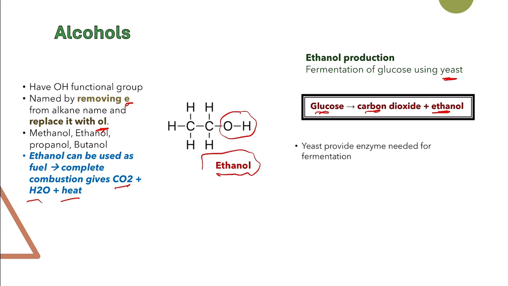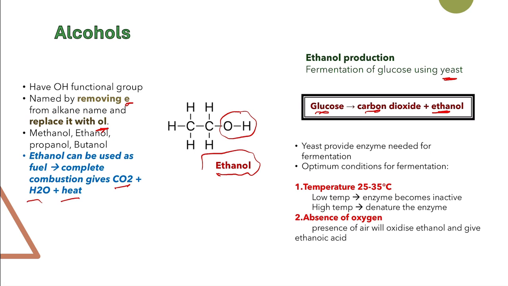The yeast here is important because it provides the enzyme needed for the process of fermentation. So there are optimum conditions for the fermentation because it's an enzymatic reaction. First of all, the temperature. The optimal temperature is 25 to 35 degrees. Low temperature will make the enzyme inactive, and high temperature will denature the enzyme, so it becomes inactive as well.